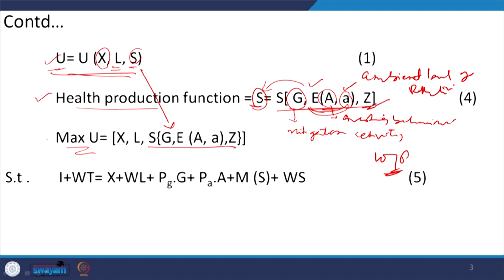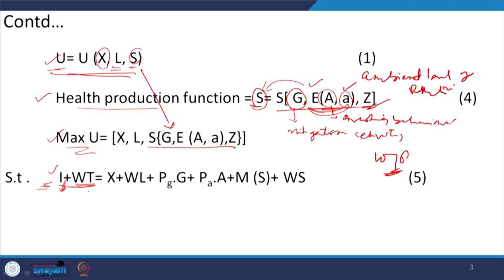And if you have to maximize, then we need to see what the constraints are. So, this is the constraint in terms of the total income constraint. As we have already explained, the total income constraint is the income from non-labor source, that is in terms of I, and WT is the income from the labor.